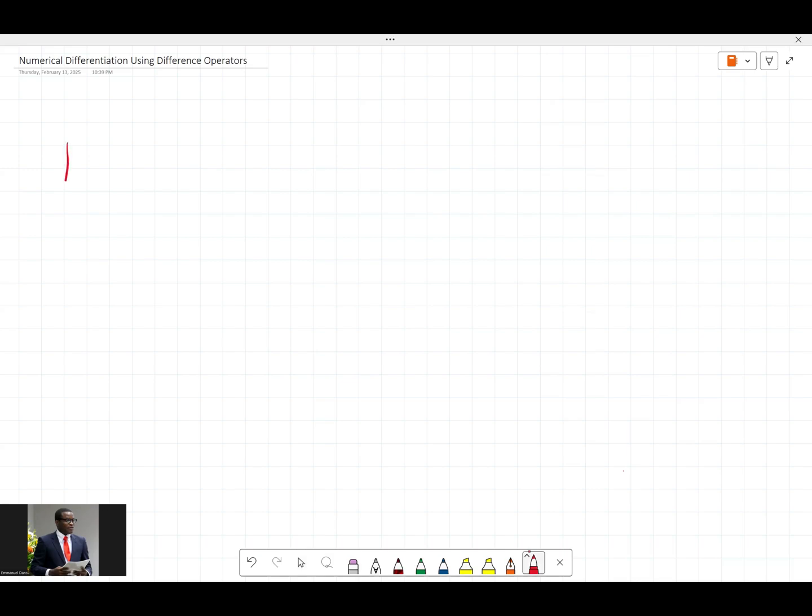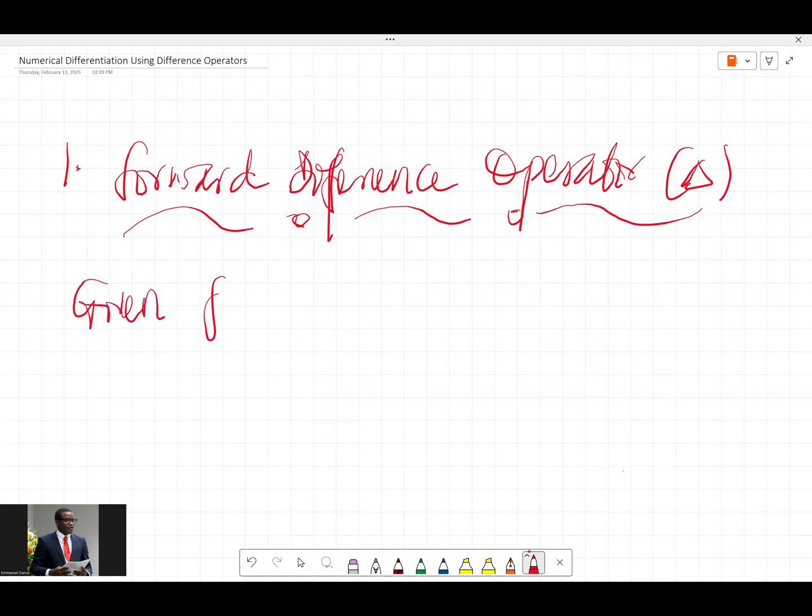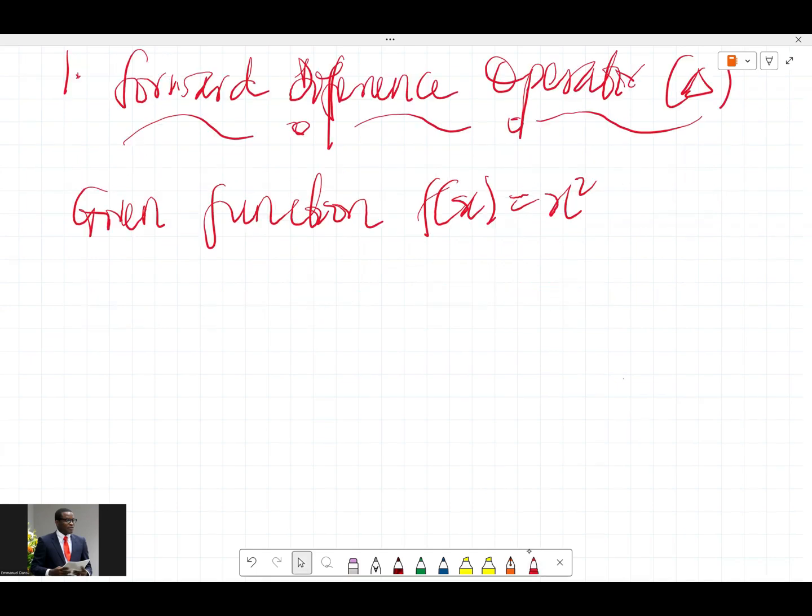So we start straight up with the forward difference operator, with this triangle facing up sign. Imagine that you're given the function f of x equals x squared.